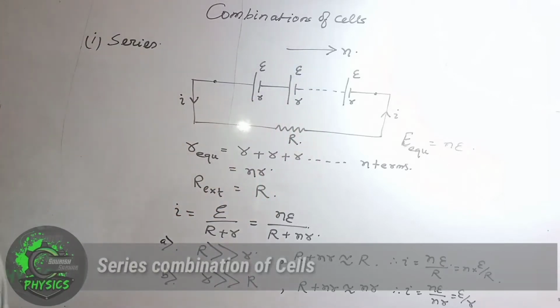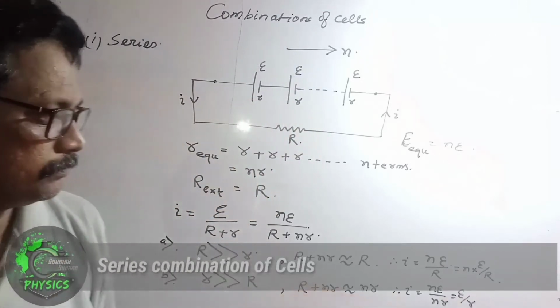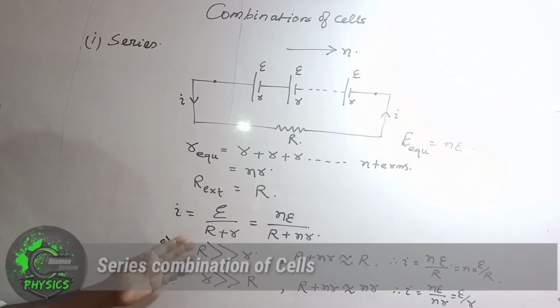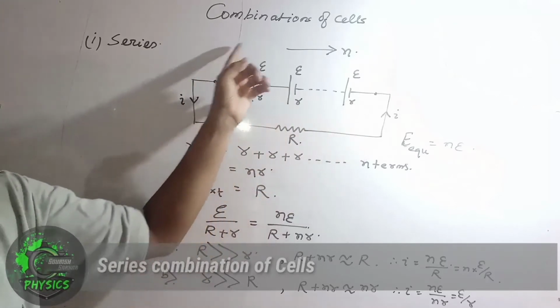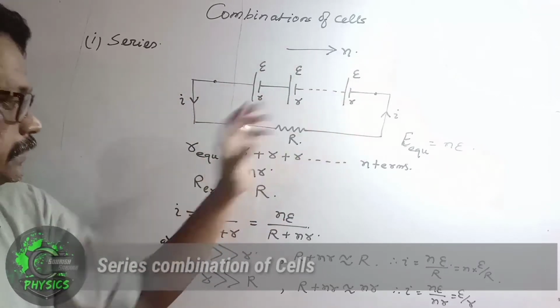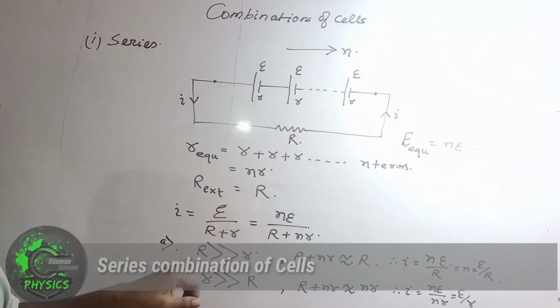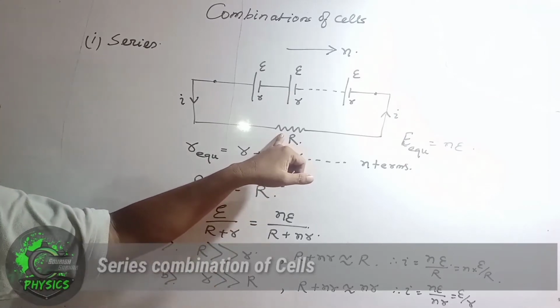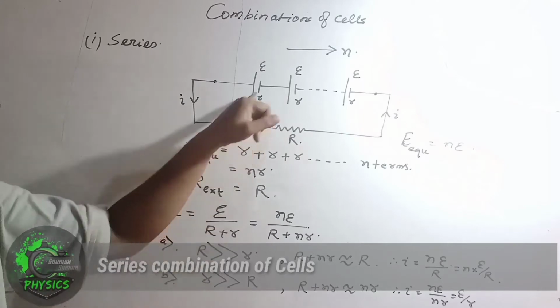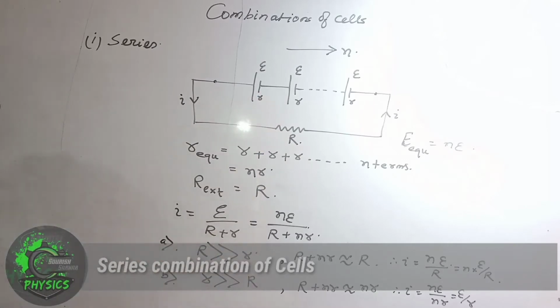So that is the current drawn from one cell. From this discussion it is clear that it is advantageous to connect n cells in series when the external resistance connected in the circuit is very much larger in comparison to the internal resistance of each cell.